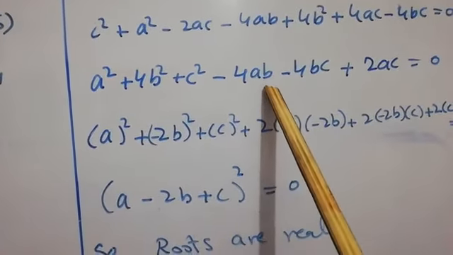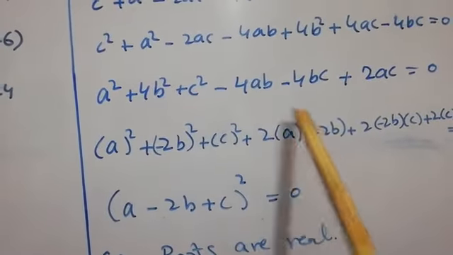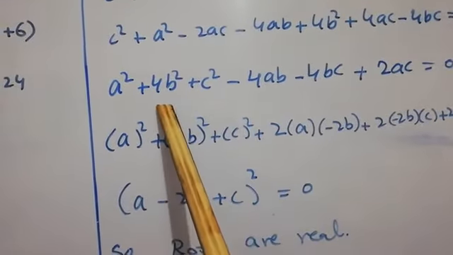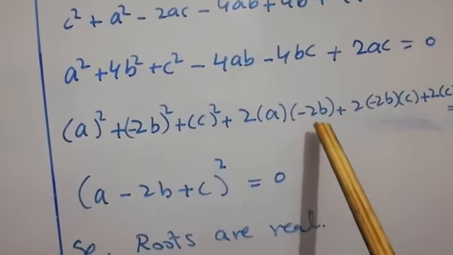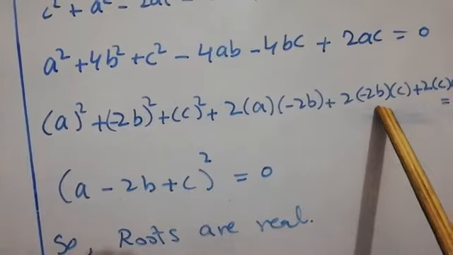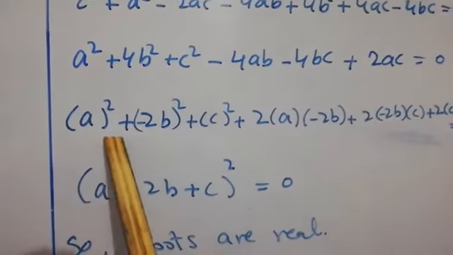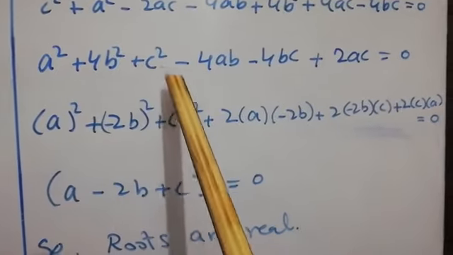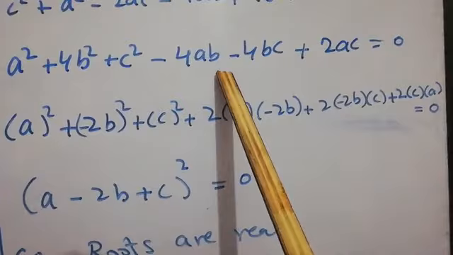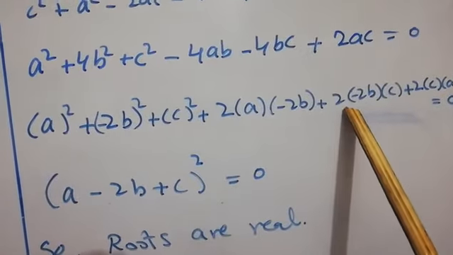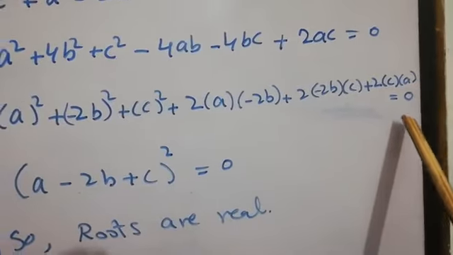It means the value of b is negative, and this is squared also, so the value is −2b. So we will put a negative sign whenever we have the value of b in this question. Like this: a² + (−2b)² + c² + 2 times the first and second element, plus 2 times the second and third element, plus 2 times the third and first element equals 0.